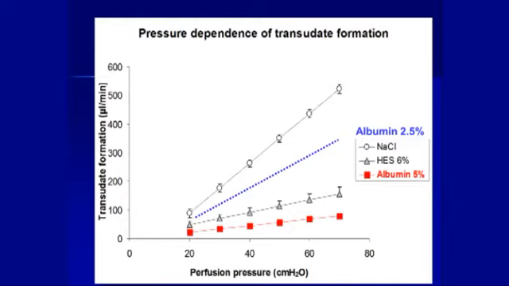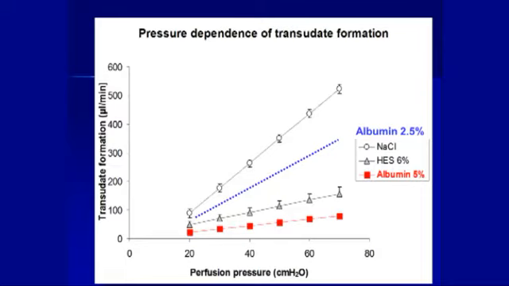Albumin was much more effective in preventing transvascular fluid loss despite providing an intravascular colloid osmotic pressure of only half of that provided by our hydroxyethyl starch preparation. So I was completely surprised and wondered what would happen if we halved again the colloid osmotic pressure in the albumin group.